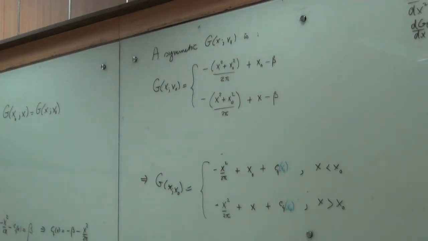And here I nicely have my Green's function. Of course, we are usually only interested in one, so we take beta equal to 0. And then we use Green's formula.